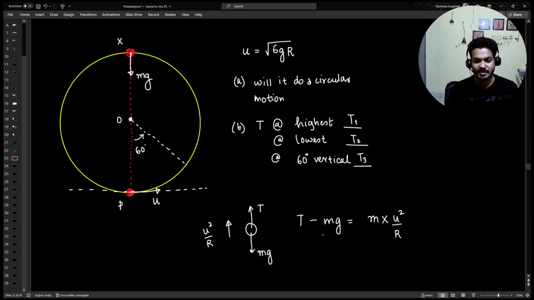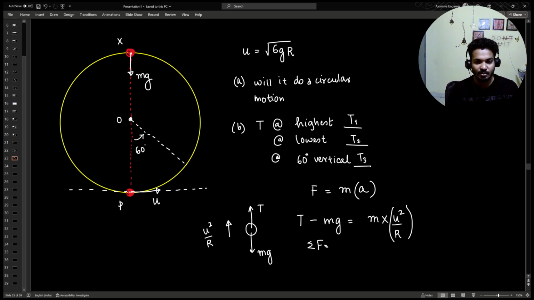Here I have written the sum of forces. The only two real forces acting on this are T and mg, and u square by r is the acceleration. So you're writing F equals mass times acceleration. Here a is u square by r and m is the mass, but mu square by r is not a force. It is mass times acceleration, and T minus mg is the centripetal force, right?